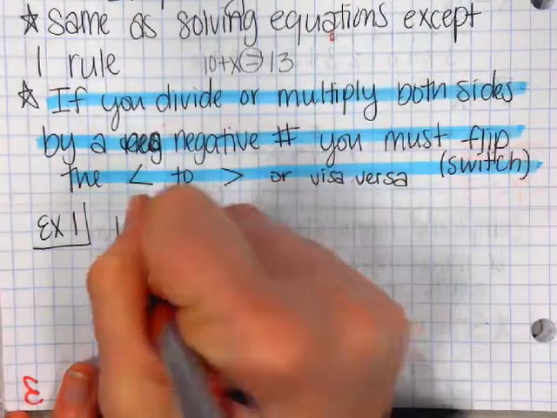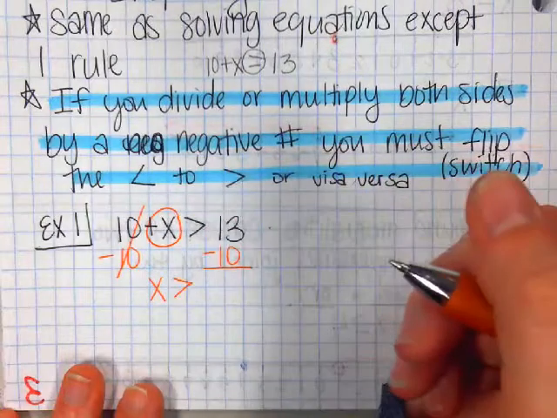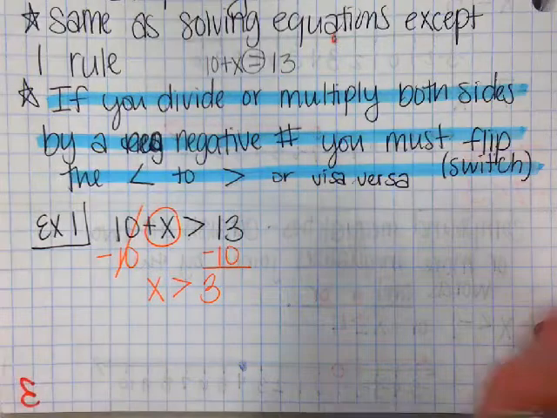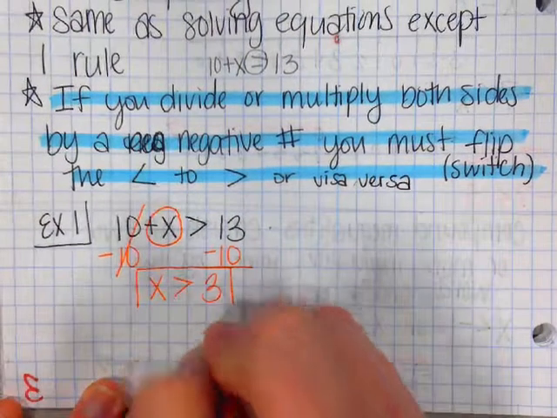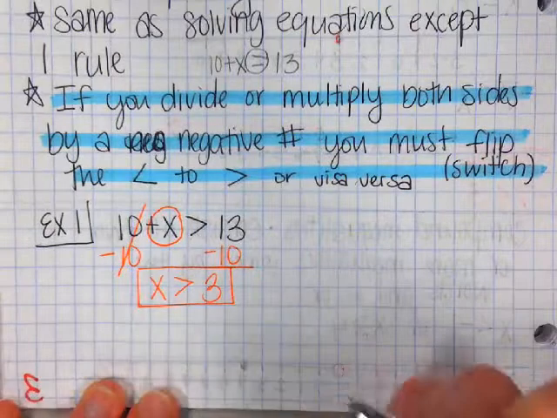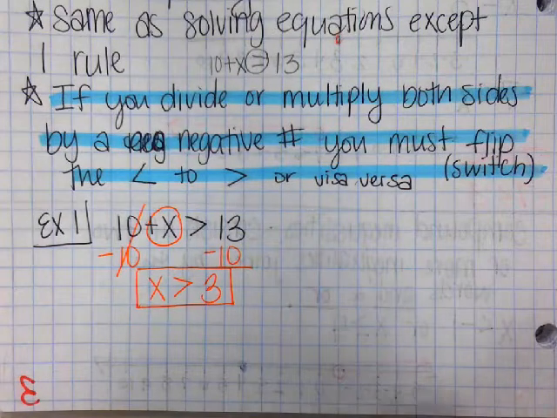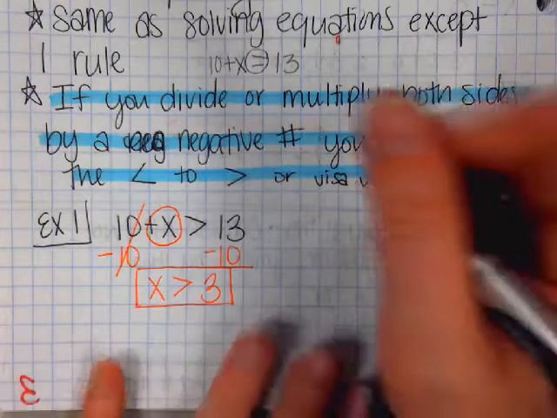So then x is greater than 13 minus 10, which is 3. So my answer is x can be any number greater than 3. It could be 100, it could be 4, it could be 3.5. Any number as long as it is greater than 3.